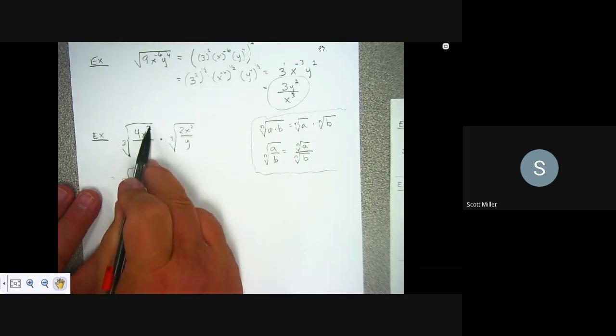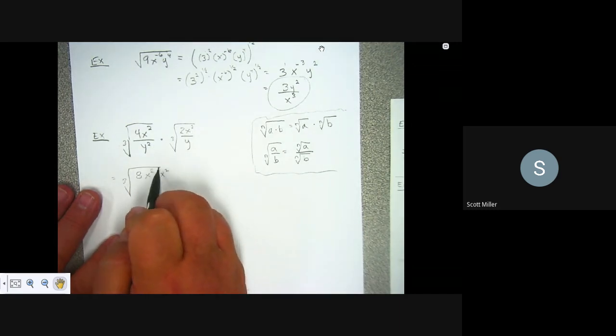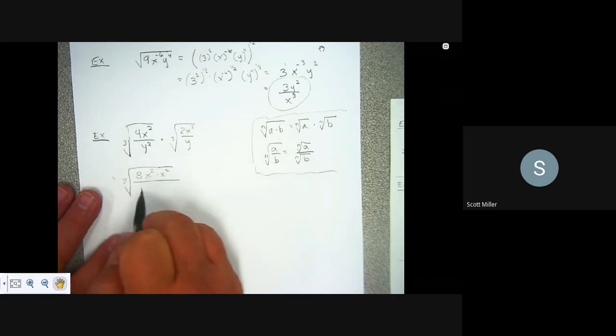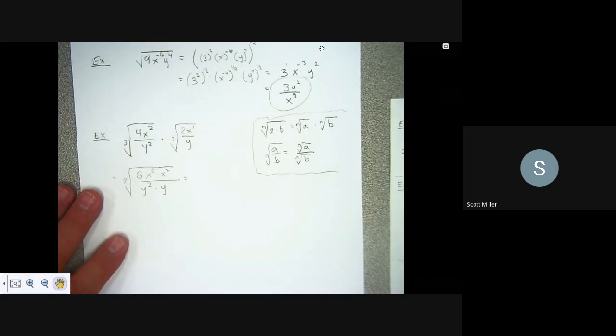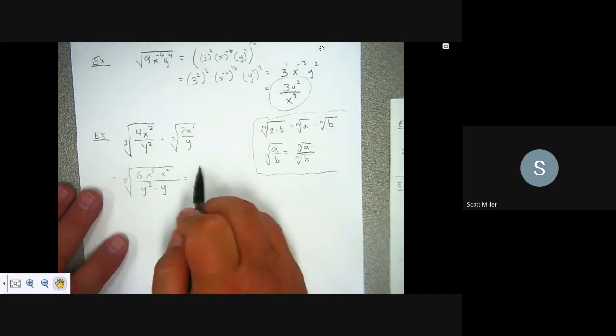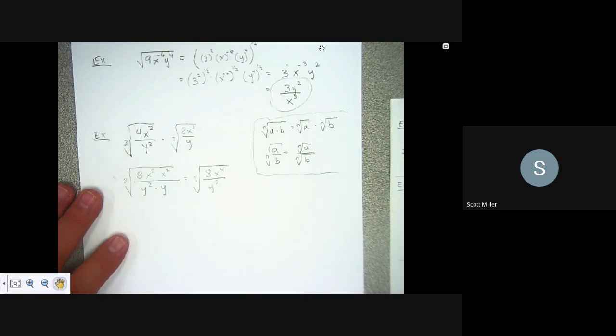I have an x squared and an x squared. I'll just write it out. I don't want to confuse too many people. On the bottom, I'll have a y squared and a y. Cube root, this is 8. Product rule, x to the 4th, y to the 3rd.